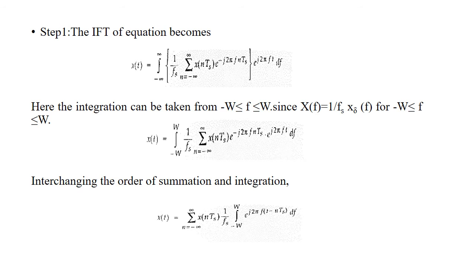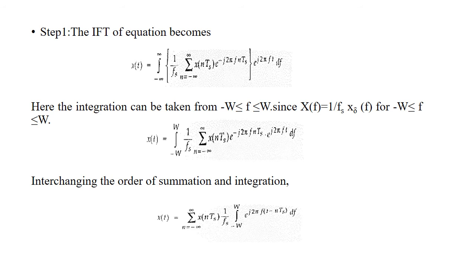So X(f) = 1/fs times X_δ(f) for -W ≤ f ≤ +W. So x(t) is the integral from -W to +W of 1/fs summation n = -∞ to +∞ of x(nTs) e^(-j2πfnTs) e^(j2πft) df.